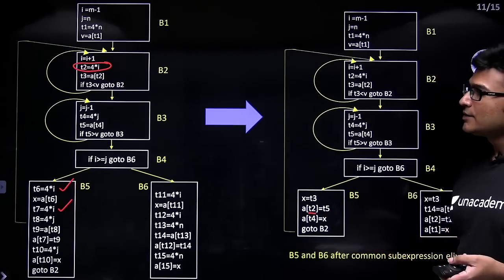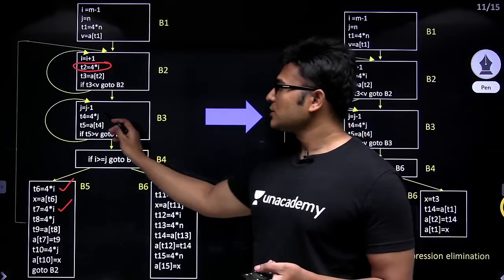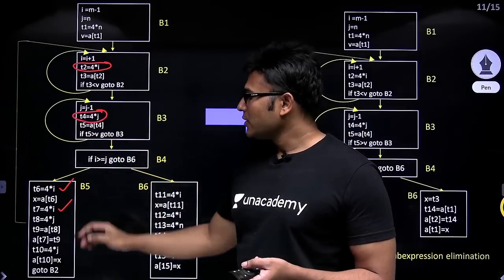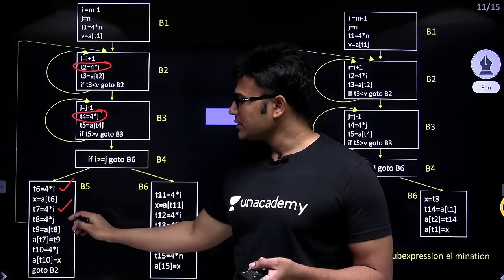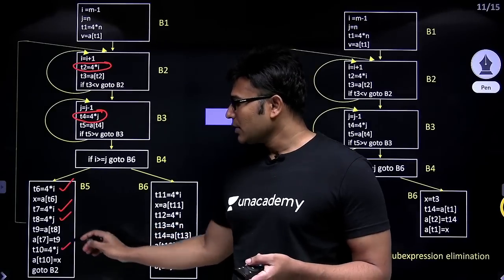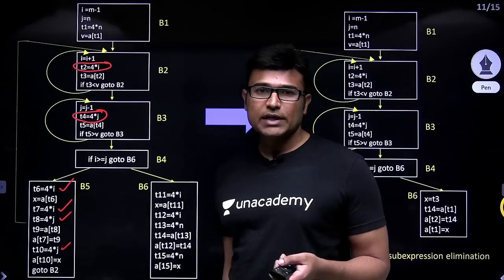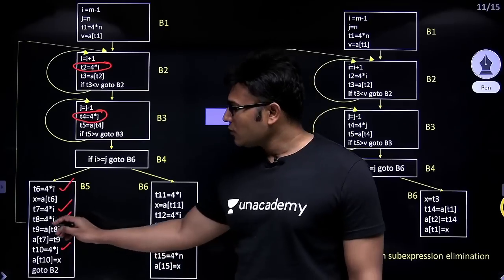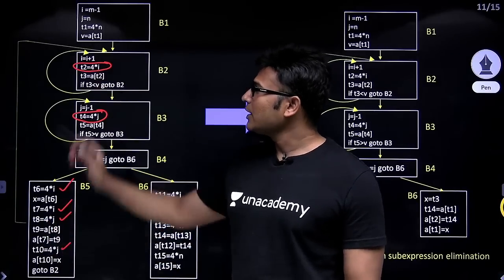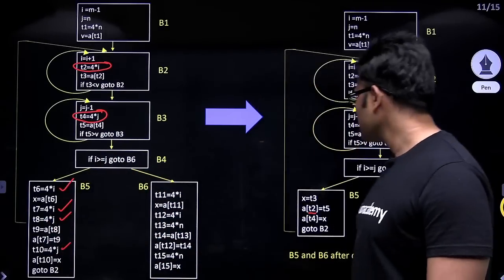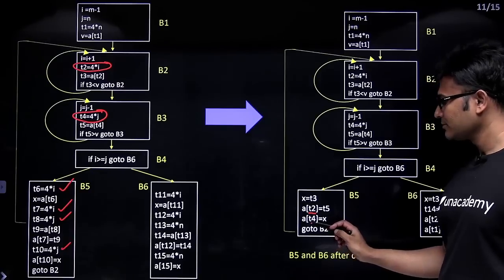Okay, and similarly 4 into J is computed already here, and therefore wherever 4 into J is there, here and here, these two statements can be completely eliminated, and instead of T8 and T10 I can directly use T4. So that is why you will see T4 here, right?